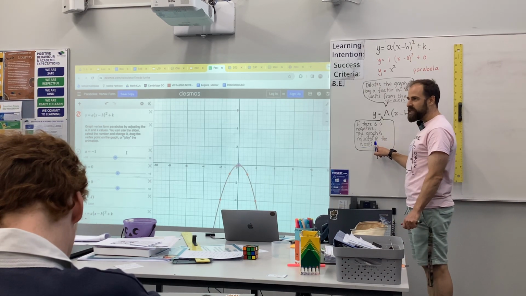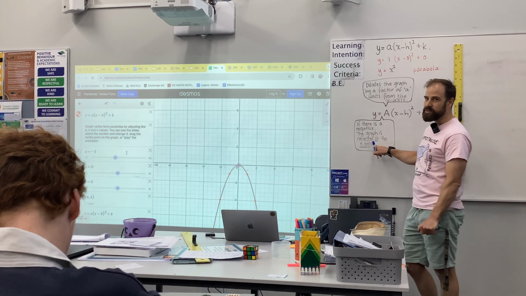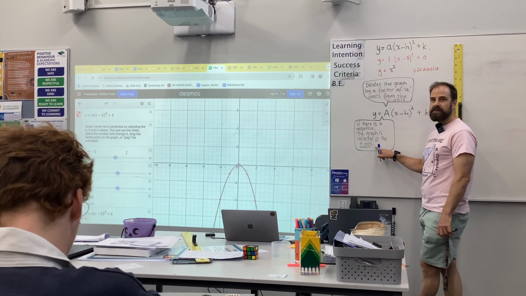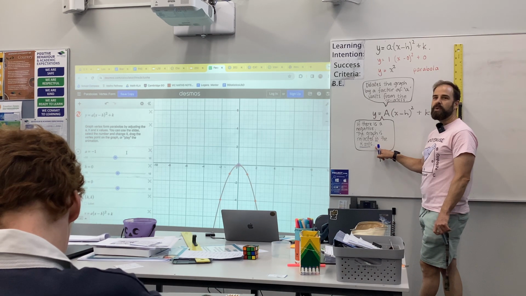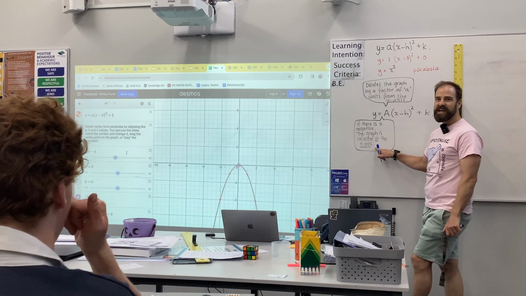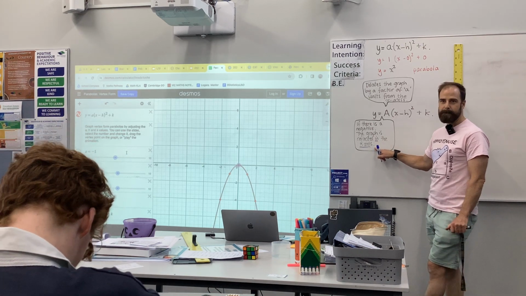We don't say it's a reflection on the x-axis. We don't say it's a reflection across the x-axis. We say it is a reflection in the x-axis. You do not say about the x-axis. I want you to use the word in, because that's exactly how they write it in the study design, and then there's no debate about what you meant.